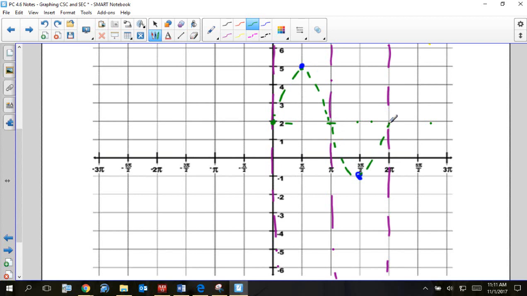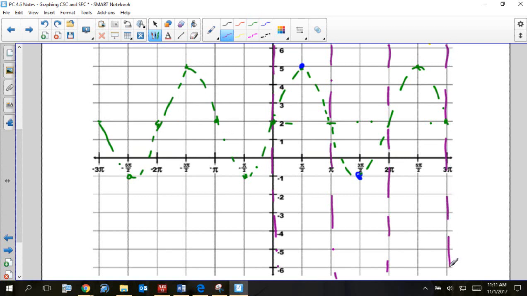So you can put it in if you need it. I know some people like to put it in. Some people don't care. But you can put the sine function in to help you. It's just not part of the graph, so it's not necessary.